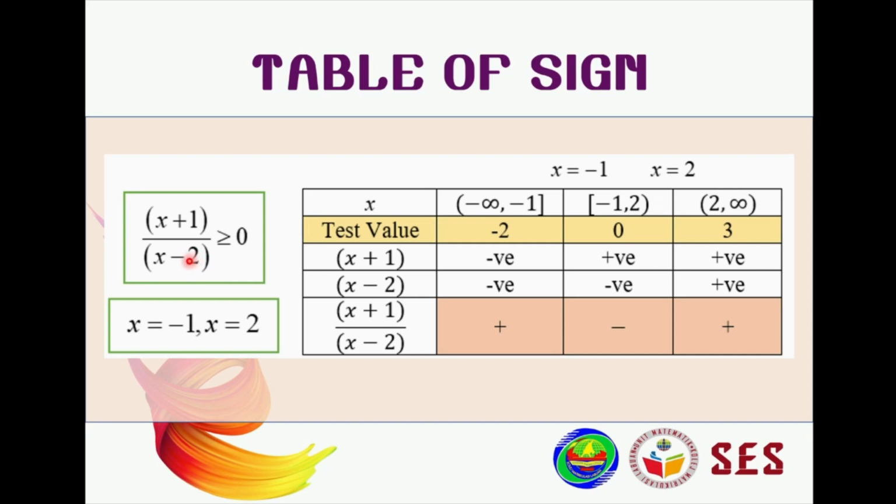We cannot have a fraction over 0. So that's why we cannot accept 2 as our answer. Other than infinity always being an open bracket, any number that is in the denominator is always an open bracket as well. Okay guys? We're going to see it in the example later on.